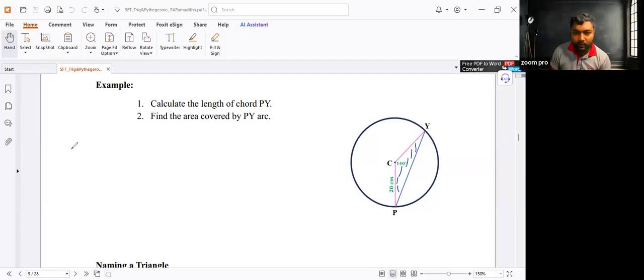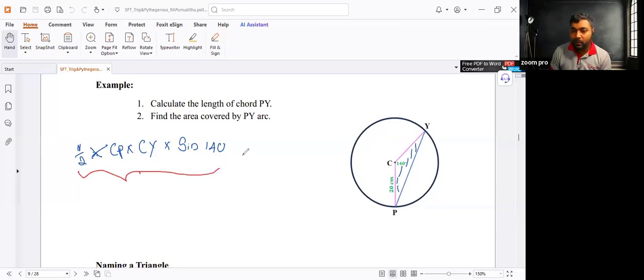One is half into CP into CY into sine 140. From this equation, we will be able to get the area of this triangle.